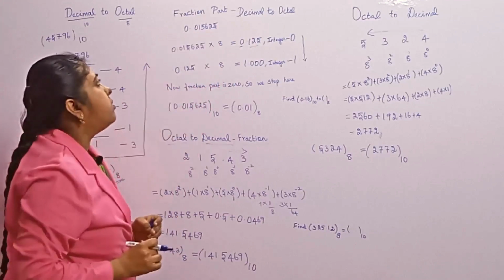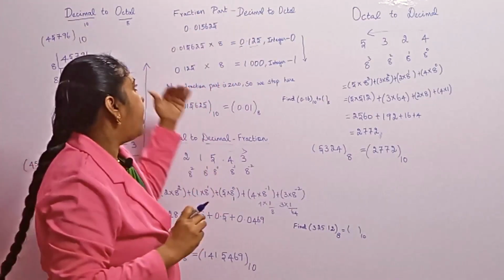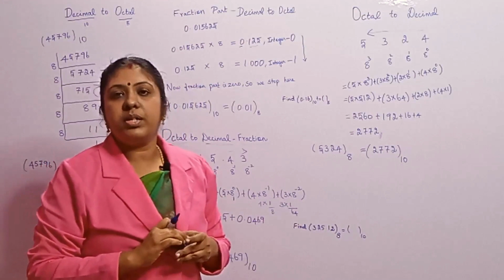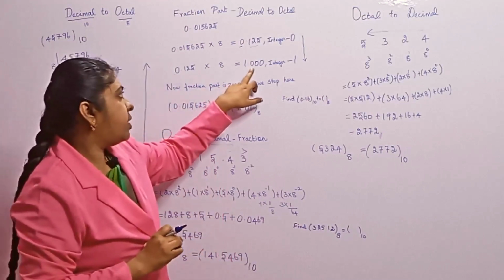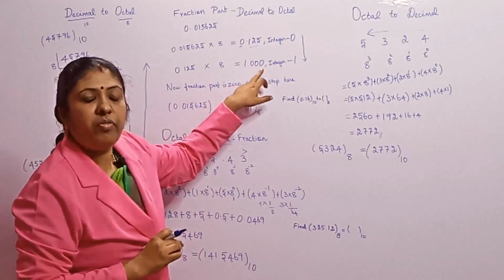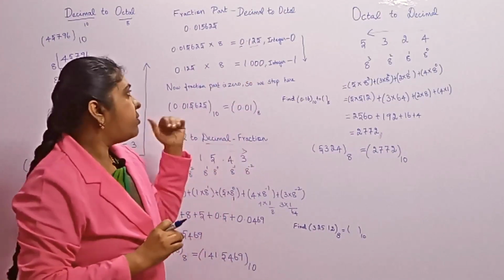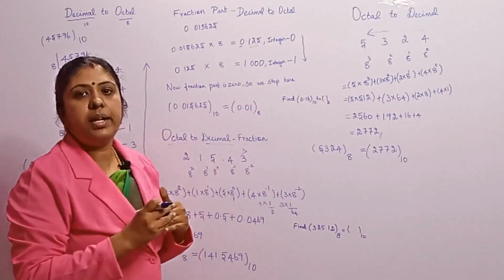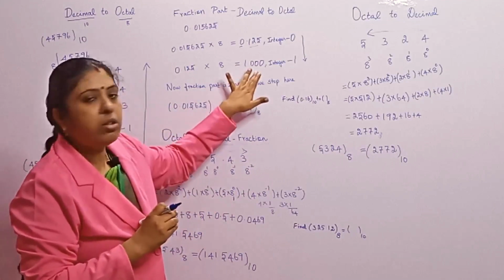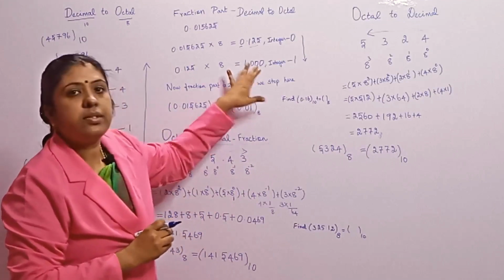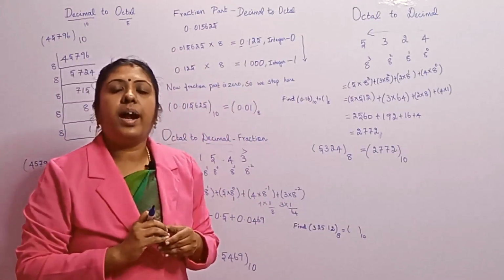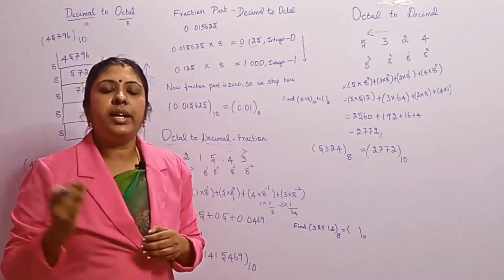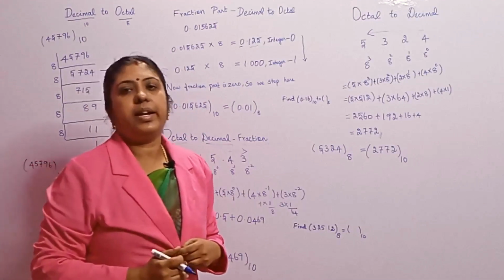One question arises: how many times do we have to multiply by 8? When the fractional part arrives at 0.000, we can stop there. In some cases we cannot arrive at 0.000, and at that time we continue the iterations for 3 or 5 times.